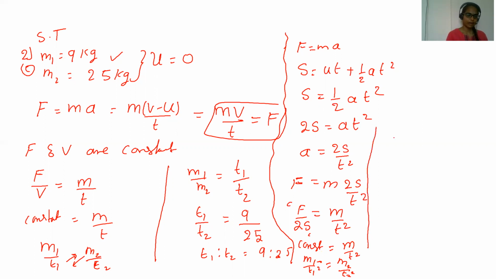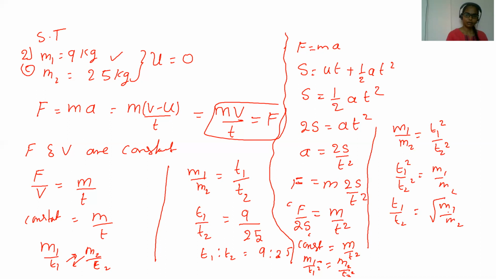Now let us write this in a format. So m1 by m2: I'm sending m2 down and taking t1 up, t1 square by t2 square will come. Understood, children? I want to find t1 by t2. So t1 square by t2 square is equal to m1 by m2, or take the square root on the left hand side. t1 by t2 is equal to the root of m1 by m2.